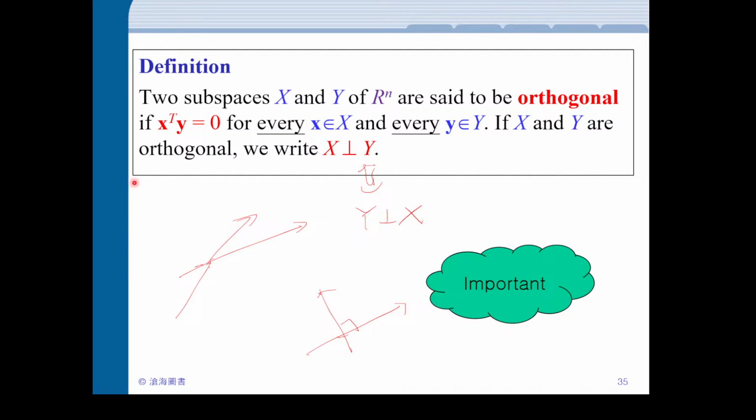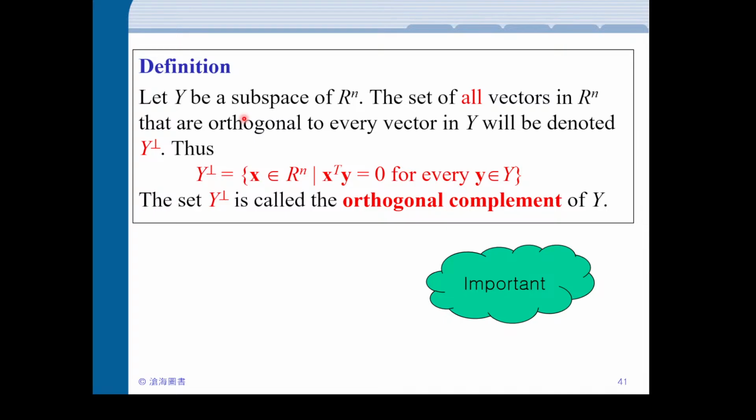The first concept we define today is two spaces being orthogonal. Given a subspace X, there are a lot of subspaces that are orthogonal to it. But orthogonal complement is a unique thing.